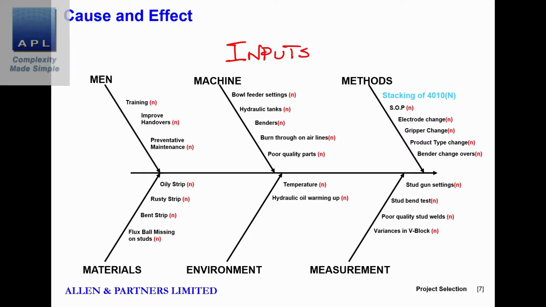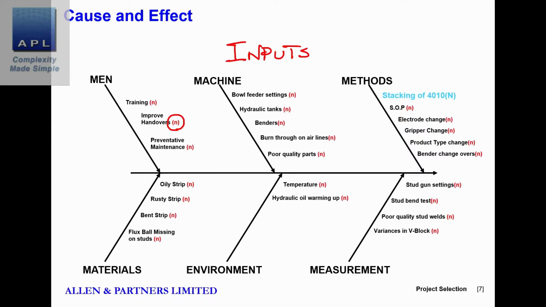And then what they do is they decide whether the input is controlled or not. And the N here against a variable means that it's not controlled. Okay, so they don't have any standard, they don't have any agreed way of managing that particular variable.